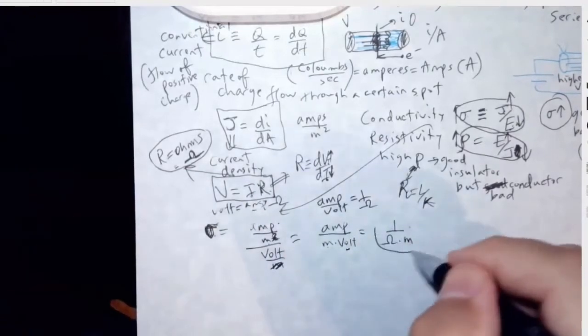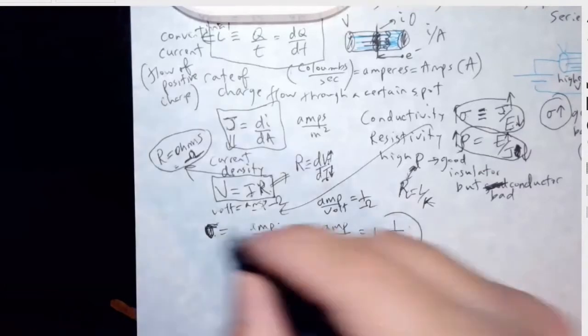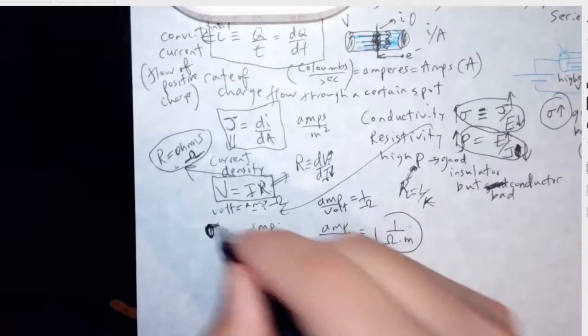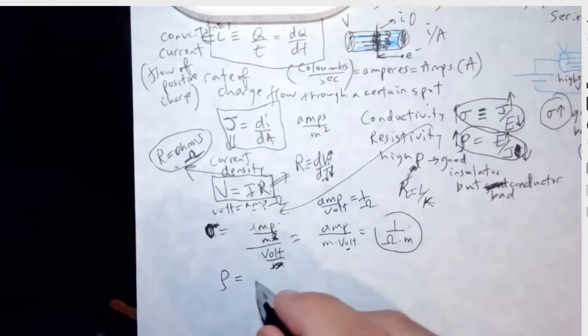Professor? Yes. Oh, yes. Sigma is conductivity, right? Yes, it's conductivity. Thank you. And rho is resistivity, just the reciprocal of that.